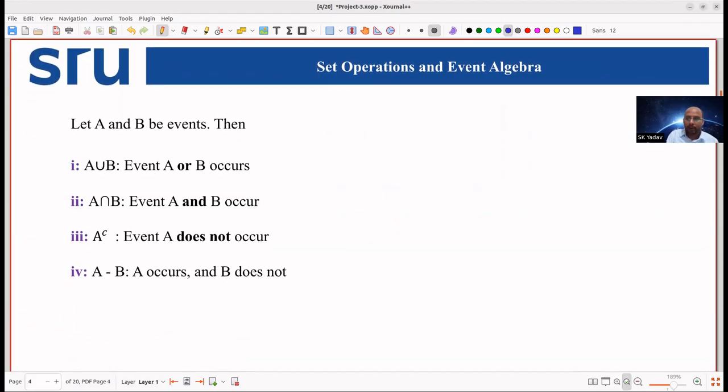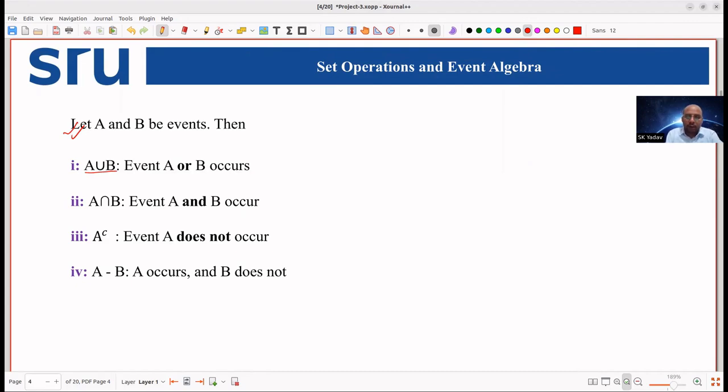Now let us see set operations and the algebra of events. This is very important, both in notation and in language. What is the meaning of A union B when A and B are events?